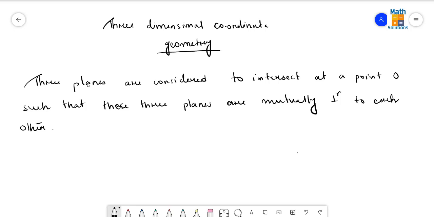Now there will be a question, in what way these three planes intersect each other.